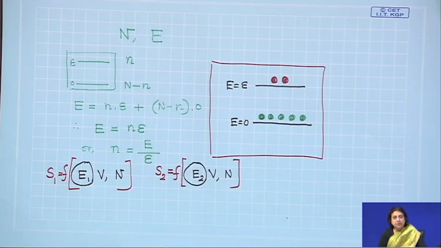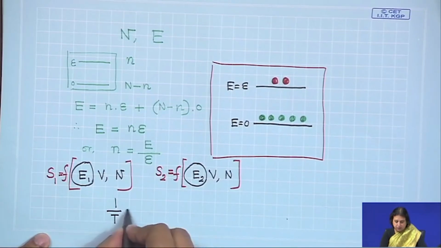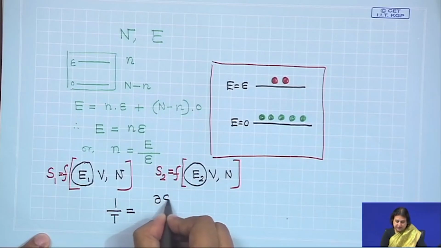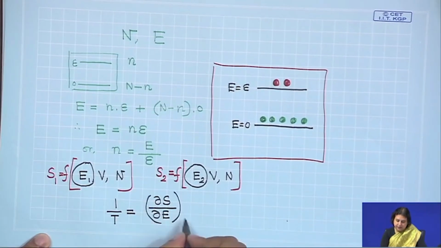Then we can measure the rate of change of entropy as the total energy changes, and this definition is given by 1 by T, that is del S del E at constant V, n.